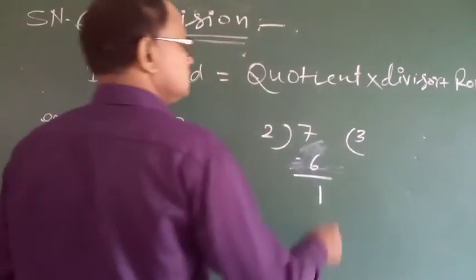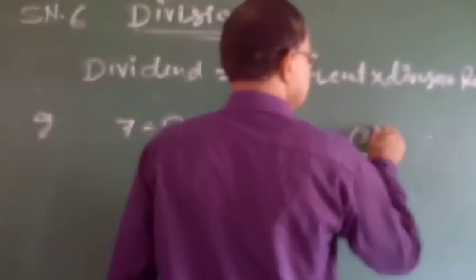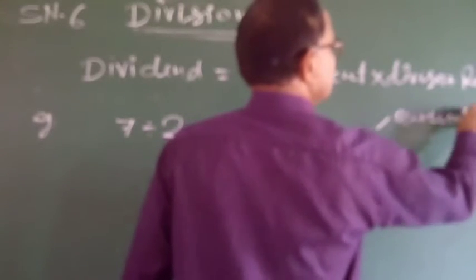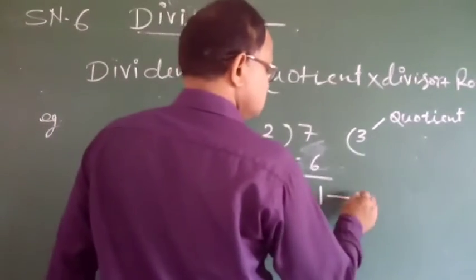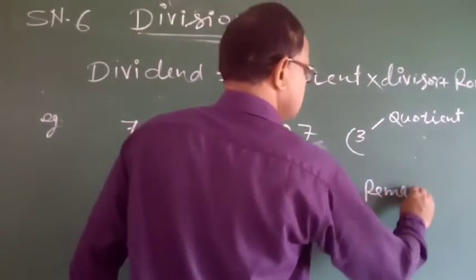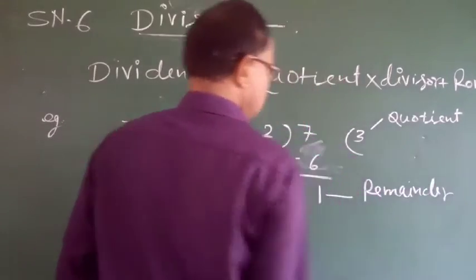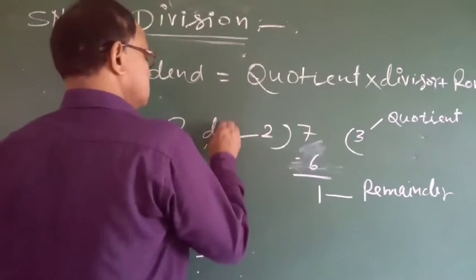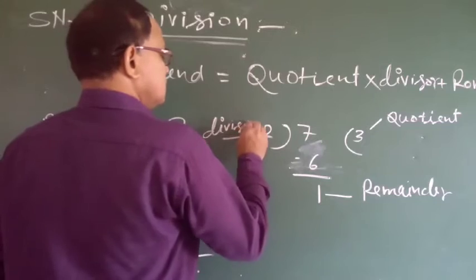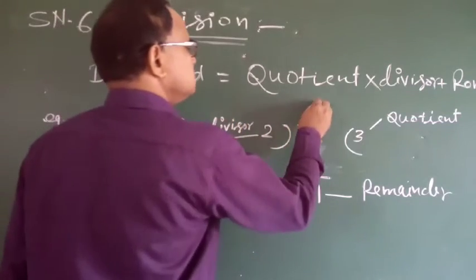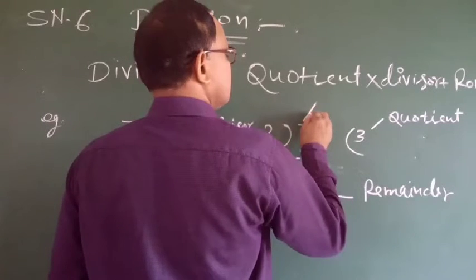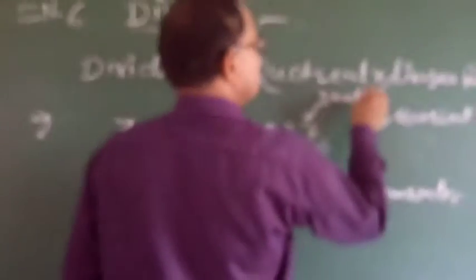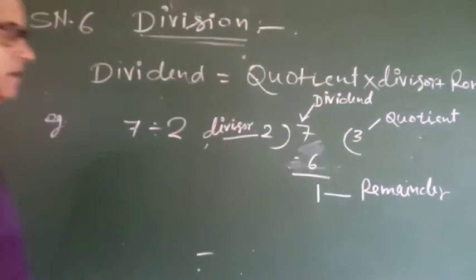In this case, 3 is the quotient. 1 is the remainder and 2 is the divisor. 2 is a divisor and 7 is the dividend. Okay.